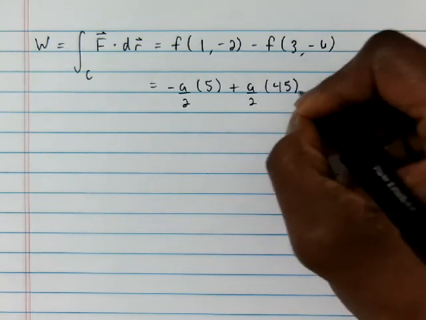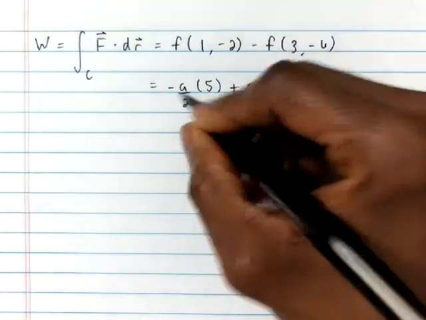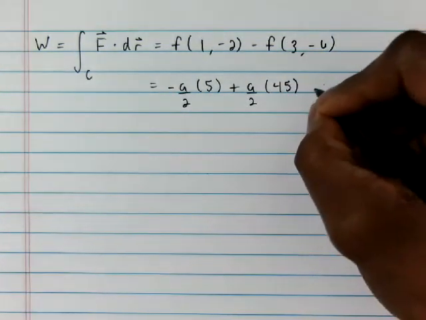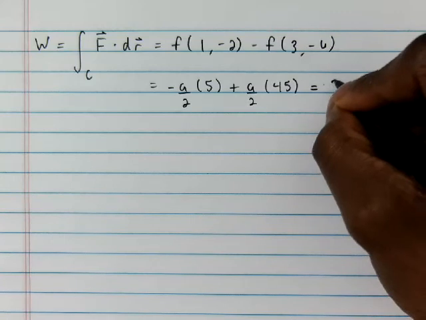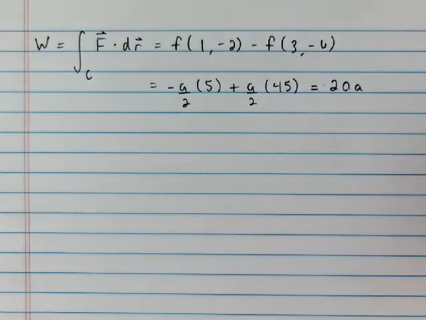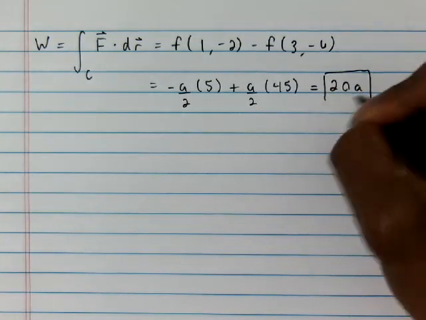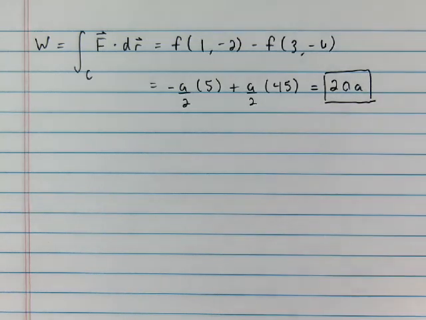So we get 45a minus 5a. We get 40a over 2, which just gives us 20a. And that will be our answer there. All right, so that concludes section 15.3, and we'll start section 15.4 in our next video.